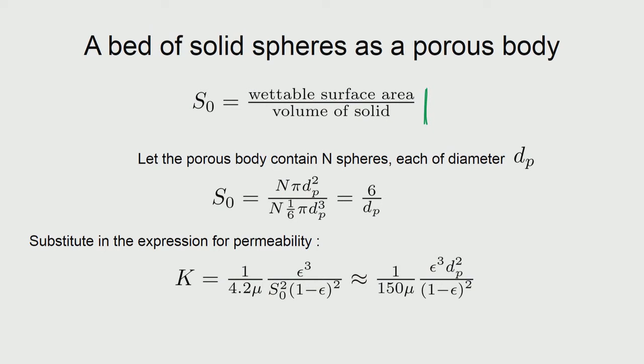The ratio would give you the S naught, and that comes out as 6 by dP. So, which means that this entire quantity is dependent only on dP. So, powder diameter is directly controlling how much of wettable surface area is available per unit volume of the solid.